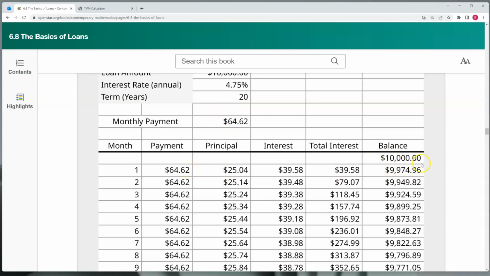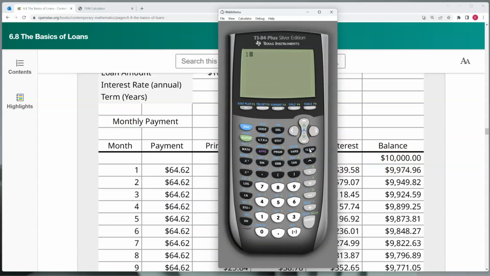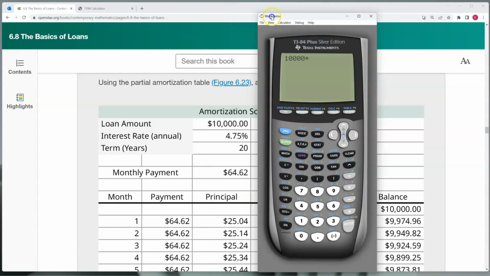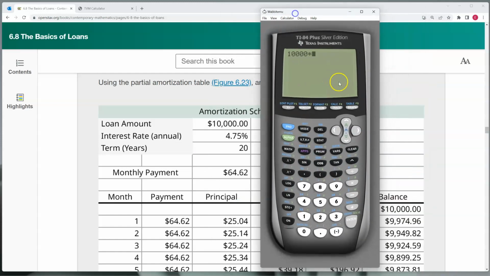So in this case, borrowed $10,000. Your interest is going to be on the $10,000. Again, just to do the calculation real fast, $10,000 times, and this had an interest rate of 4.75%, so 0.0475 divided by 12 because it's monthly.